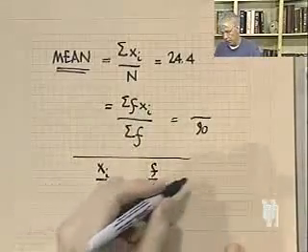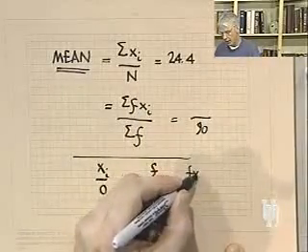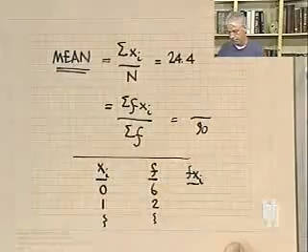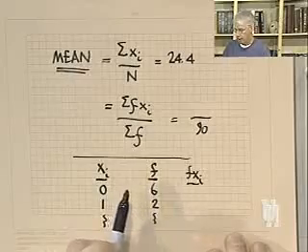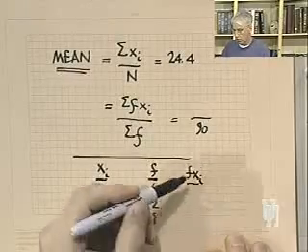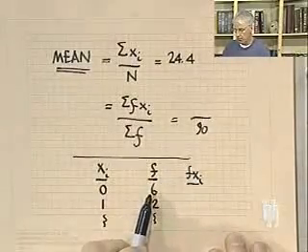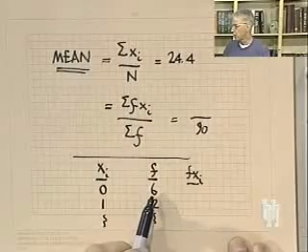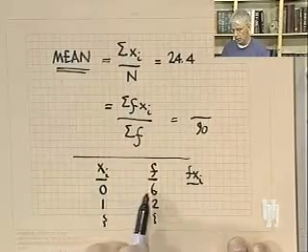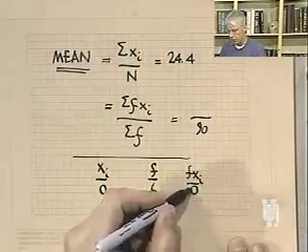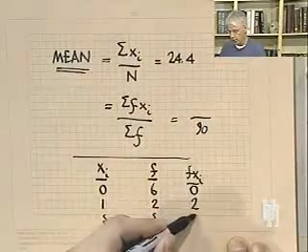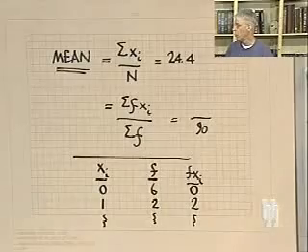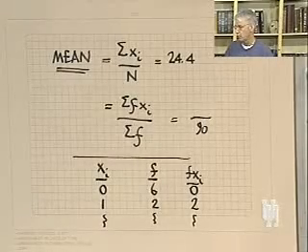What you have to do is generate that fxi column simply by multiplying the individual scores, the xi's, by the frequency with which those individual scores occur. So 0 times 6 is 0, 1 times 2 is 2, and so on through the frequency distribution.